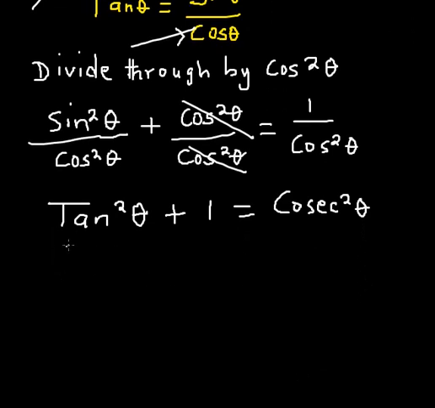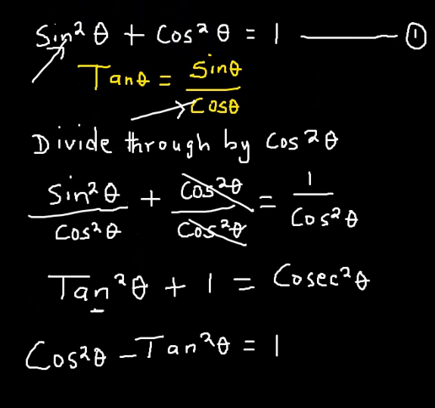So either I write it this way: tan square theta plus 1 is equal to sec square theta, or I will take this tan square theta to the other side. So I can write it this way: sec square theta minus tan square theta is equal to 1. Please take note of that.